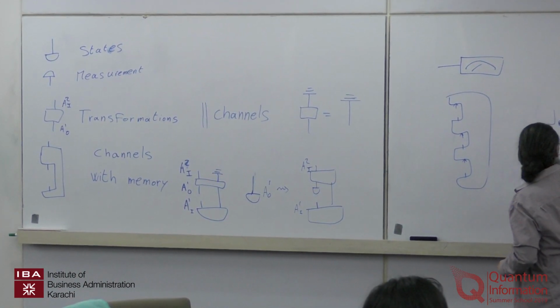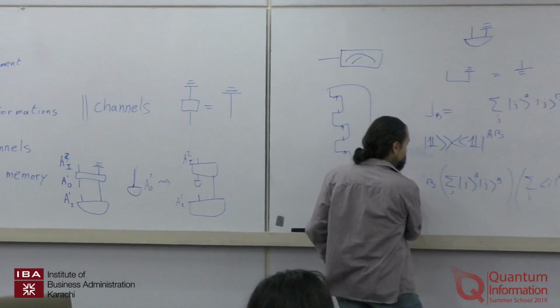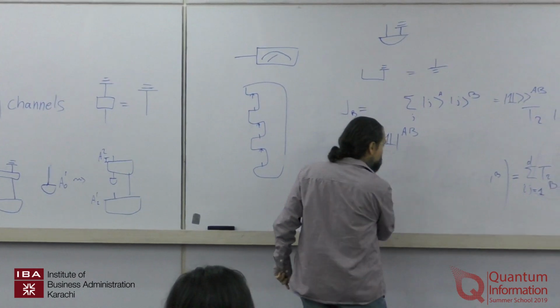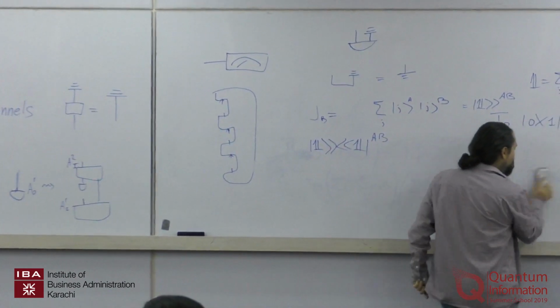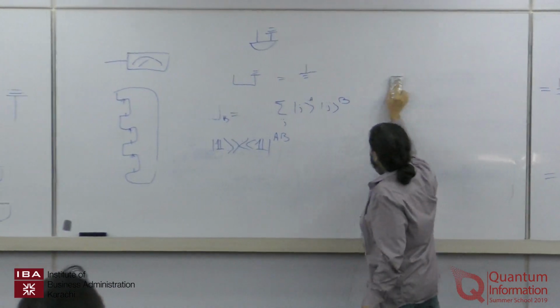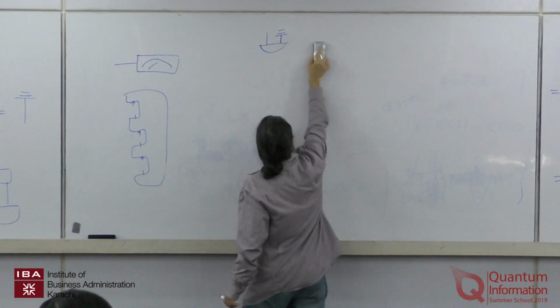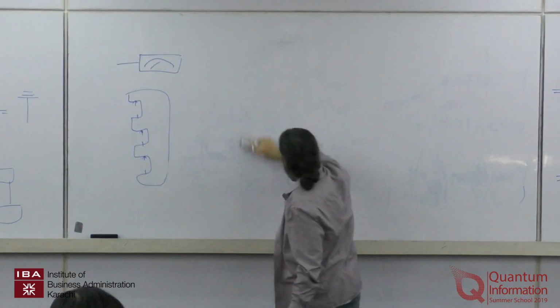So let's consider now, I erase this part, a slightly more general partial trace of a general maximally entangled state. Essentially we want to prove what is the form of the most general maximally entangled state.